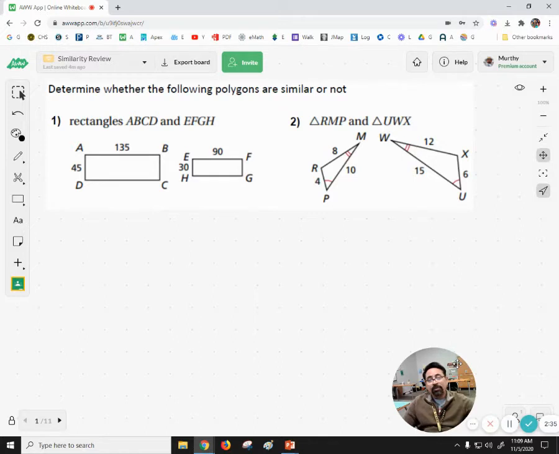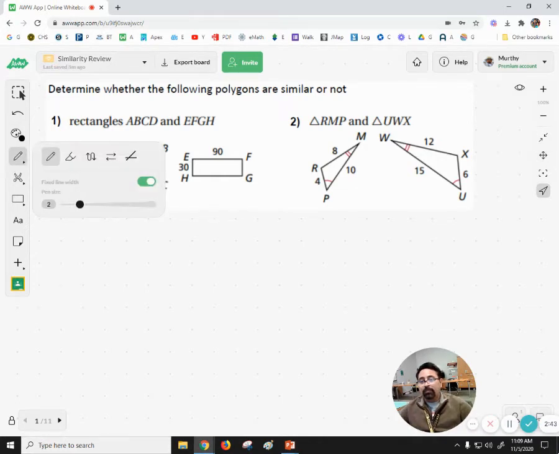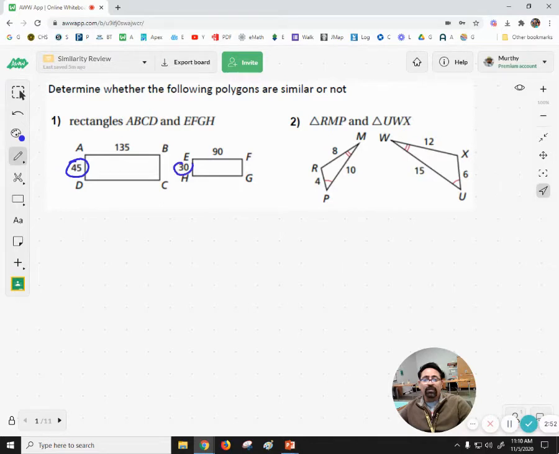My first problem is determine whether the following polygons are similar or not. Let me grab my pen. Okay, here it's given 45 and this one is 30. So let me write the important point.